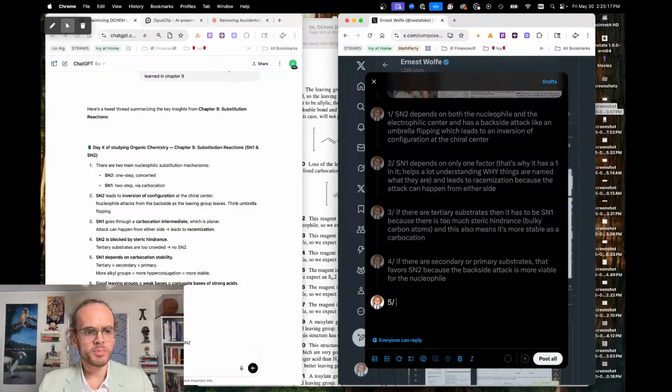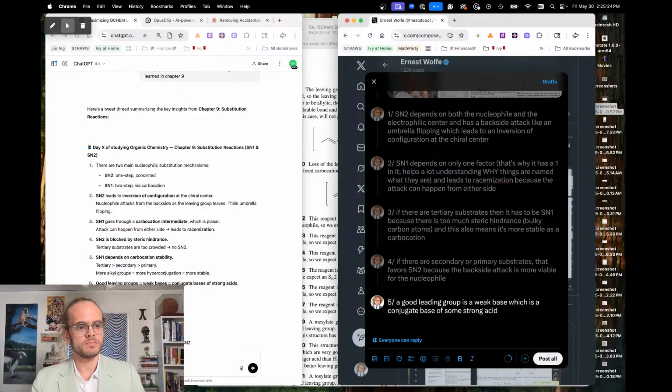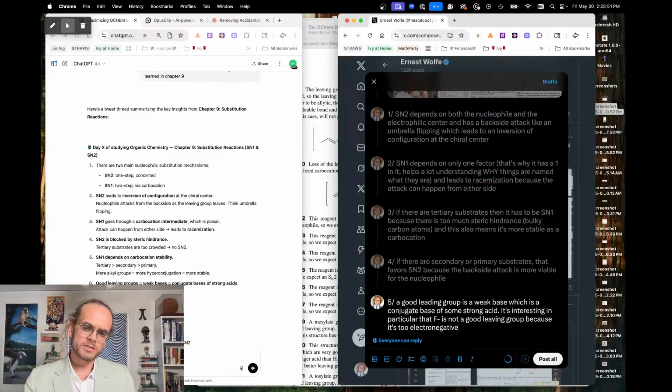A good leaving group is a weak base, which is a conjugate base of some strong acid. It's interesting in particular that F is not a good leaving group because it's too electronegative, while I minus is.